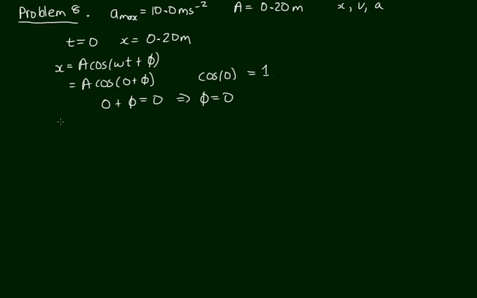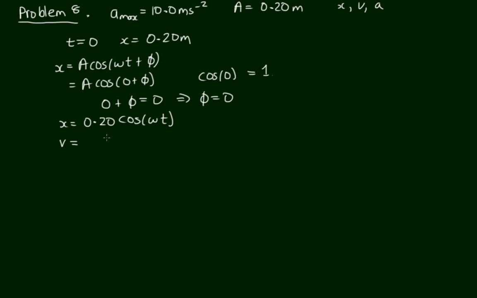So we've got x is equal to a, which we're told is 0.20. And we've just worked out that phi is 0. So this is cos omega t. So that's the expression for x, but we don't know omega yet. So we're going to need to try and work out what that is. So to work out what that is, let's write down our expression for the velocity.